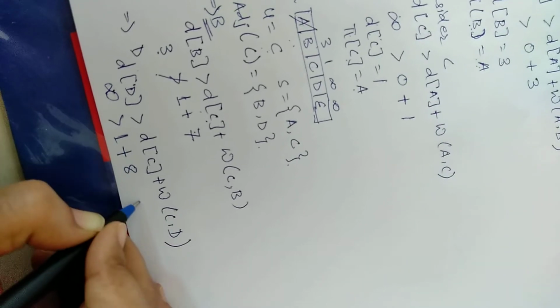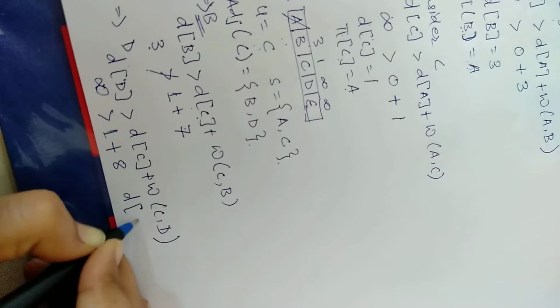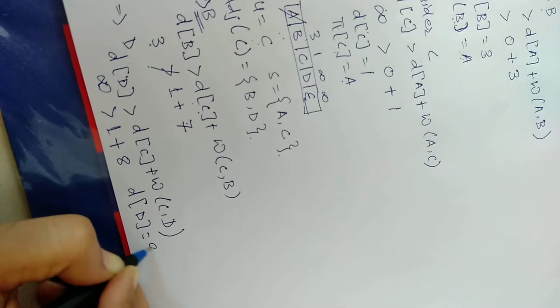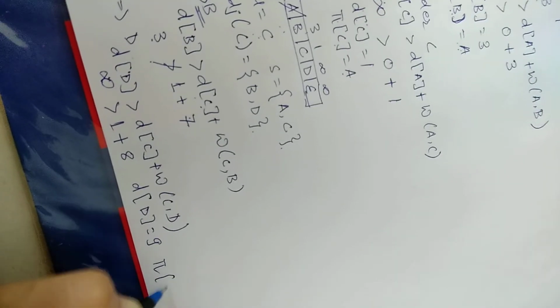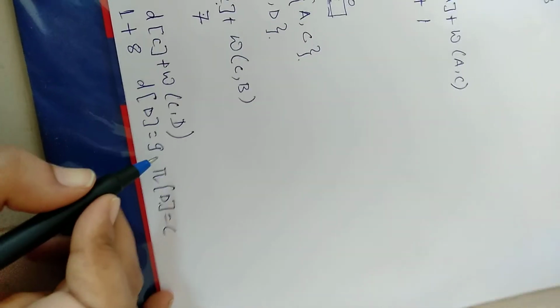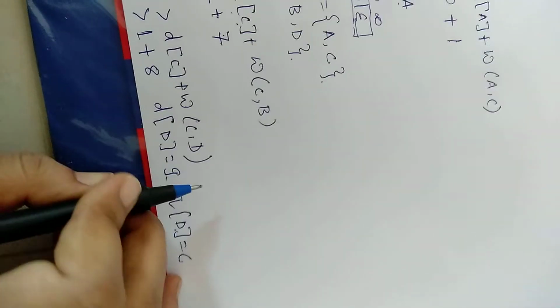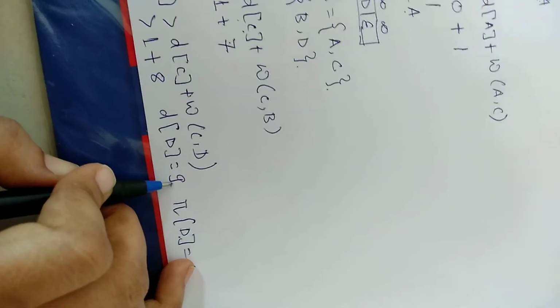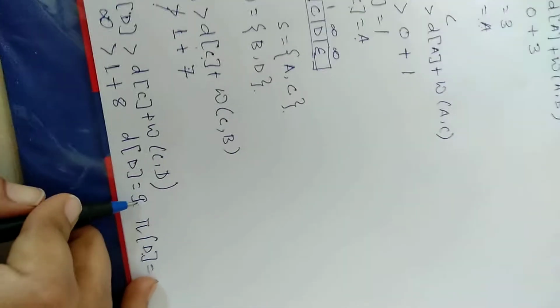This is true. Therefore the D value of D we are setting to 9 and parent of D we are setting to C. That is, D is reachable with minimum distance of 9 from C. Initially it was infinity and now we got the distance of D as 9. So this way we have modified this D array.